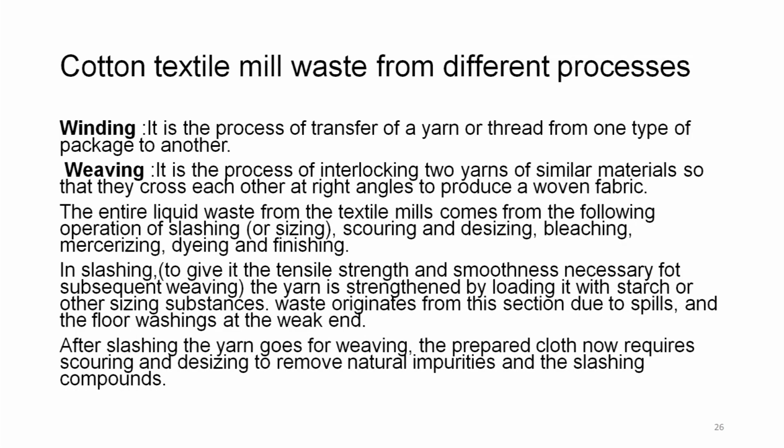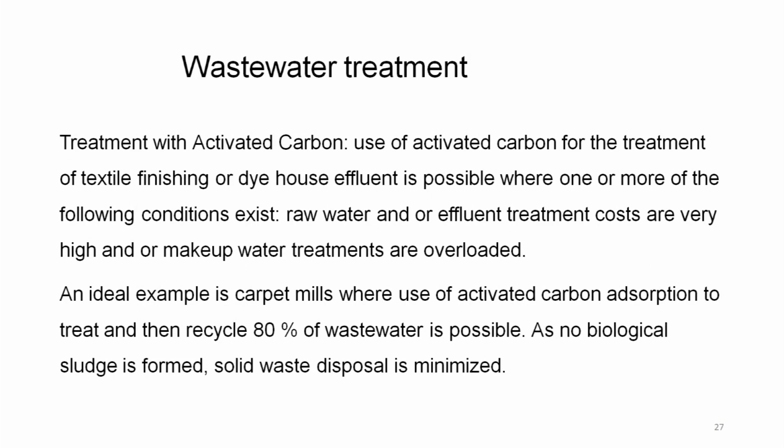The prepared cloth now requires scouring and desizing to remove natural impurities and the slashing compounds. So, a lot of chemicals are used during these processes of slashing, scouring, desizing, bleaching, mercerizing, dyeing and finishing, and that is the main source of contamination in liquid waste.